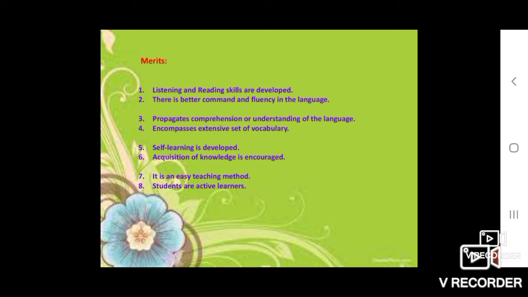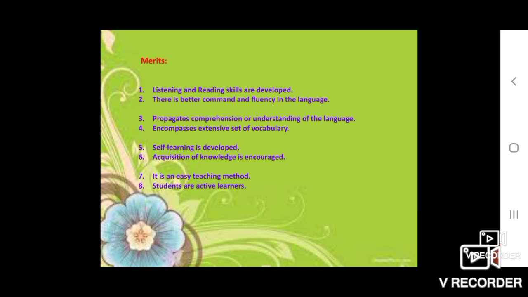When you read something, you come across different words, and because of this your vocabulary is enriched. It encompasses an extensive set of vocabulary.